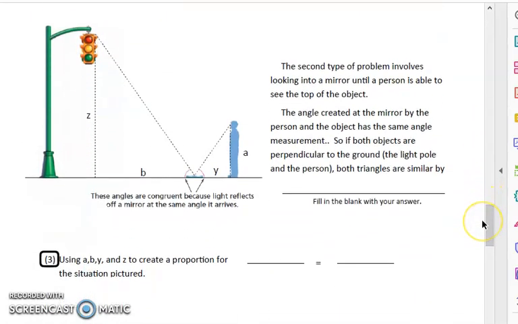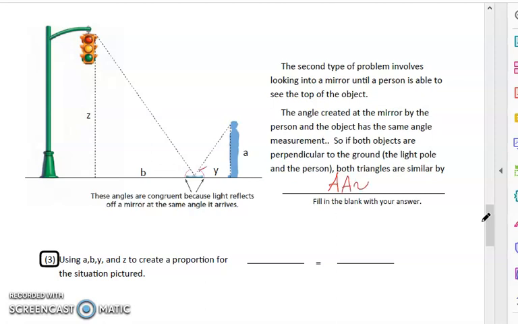The second case is where we actually use a mirror. If I stand on the ground looking into a mirror that's on the ground, and I move back and forth until I find the top of that object, what I've actually created again is another situation where we have an angle.